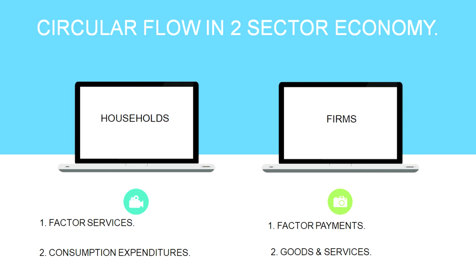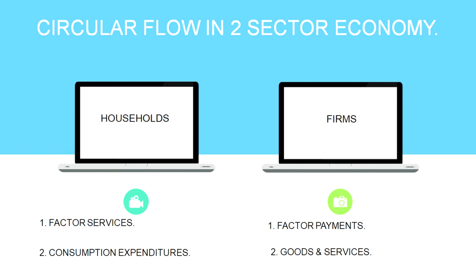Any transaction that takes place between households and firms is called circular flow in a two-sector economy. There is no involvement of government at all, no bank transaction takes place, and foreign trade is not there at all. So it is also called a closed economy. Now, how does this transaction take place?